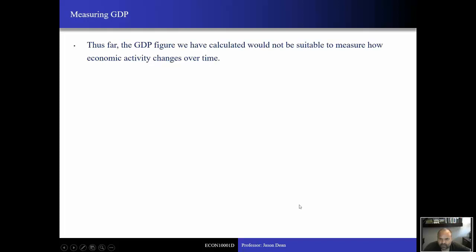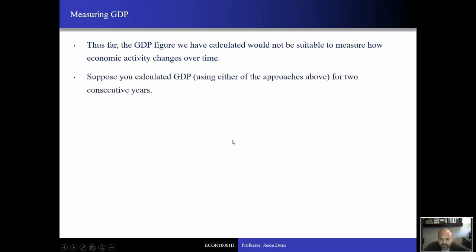But the figure that we have so far isn't very useful in measuring how economic activity changes over time, or whether we could compare countries' gross domestic product. Up till now, we've just thought about GDP as being the price of the goods times the quantities, and then you sum that up. But there's an issue.